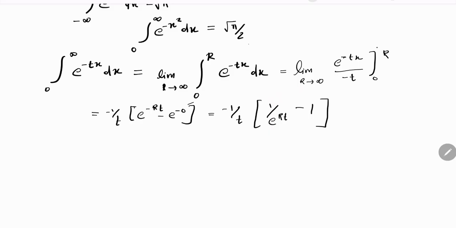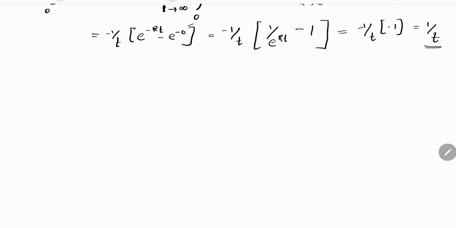Then we get minus 1 by t into minus 1, that is 1 by t. So the integral 0 to infinity e to the power minus tx dx is equal to 1 by t. We got an important result.